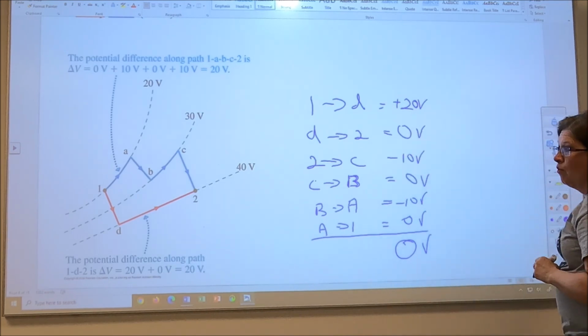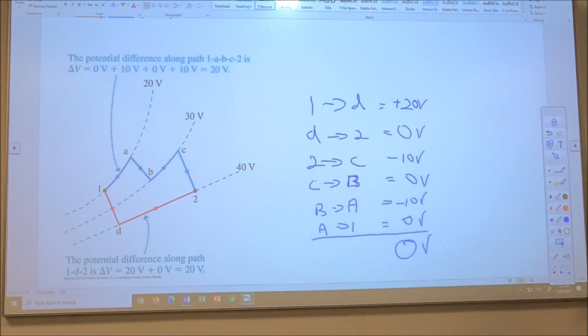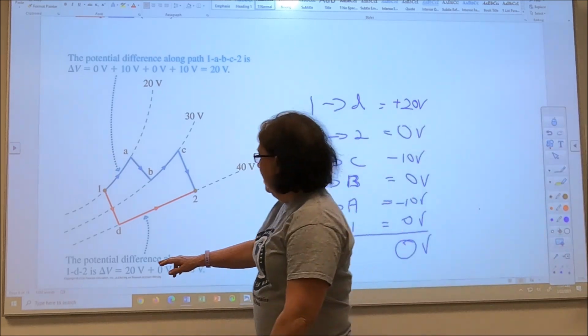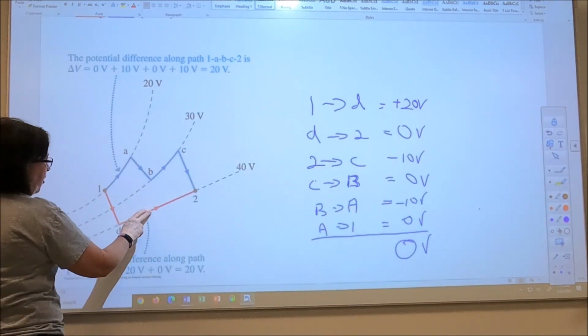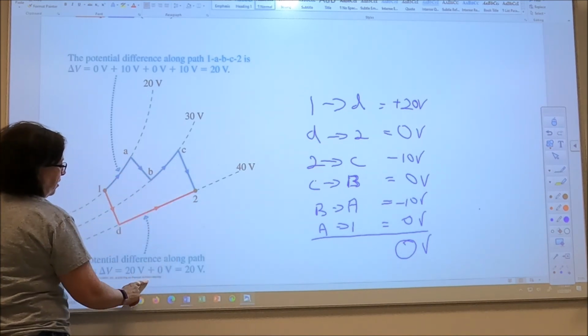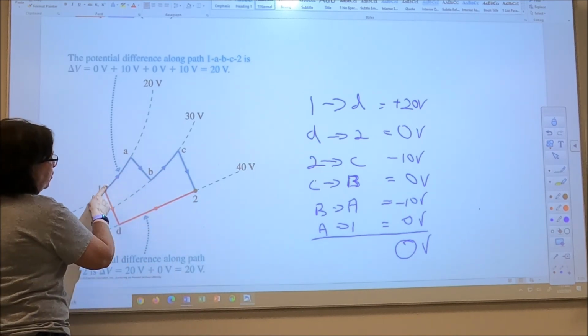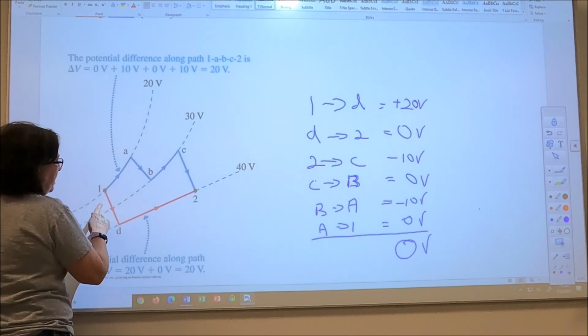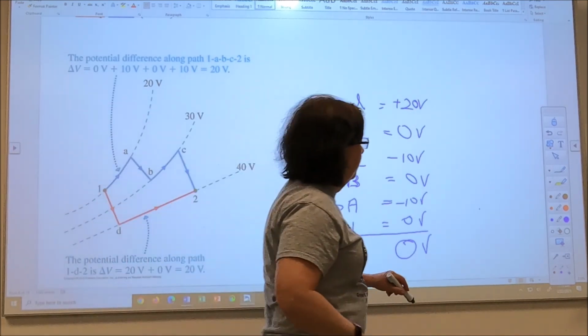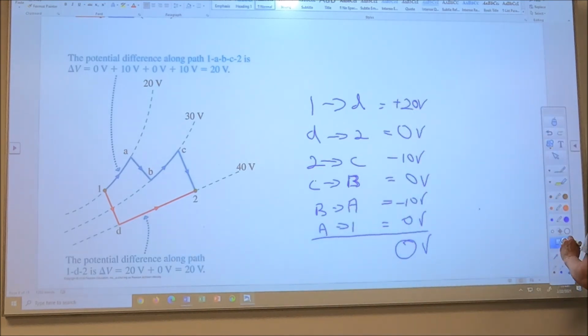So when I go around the circuit, starting at one place and coming back, I get 0 volts. Now guys, notice down here it says that the potential difference along the red path and along the blue path is both 20 volts. So anytime I go between two equal potential surfaces, it doesn't matter how I get there, I have the same potential difference.